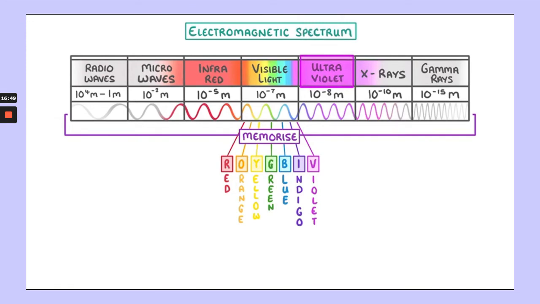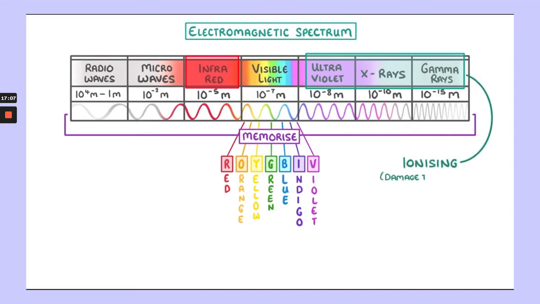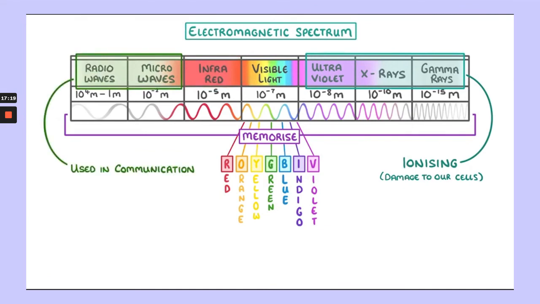After violet comes ultraviolet, which makes sense, and before red is infrared. To help you remember that X-rays and gamma rays are over on the right, remember that all of these types, so ultraviolet, X-ray, and gamma, can all be ionizing and cause damage to our cells, so they're grouped together. Then all we have left are microwaves and radio waves, which are both used in communication and go on the far left.